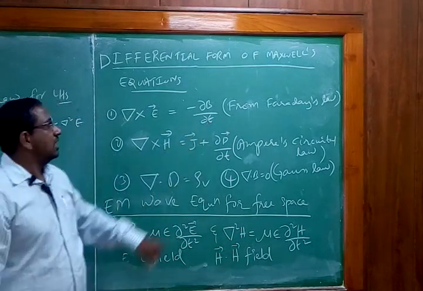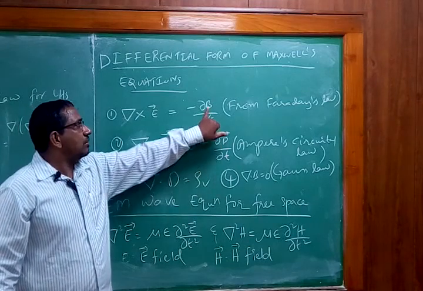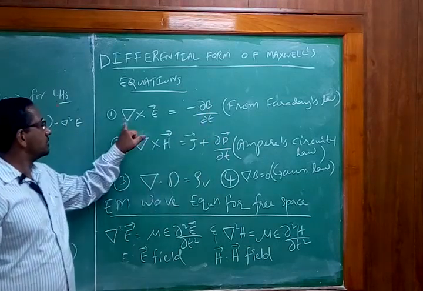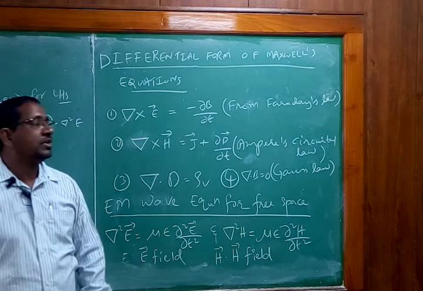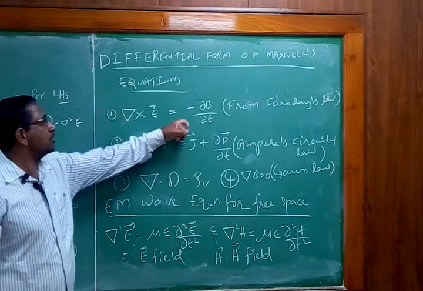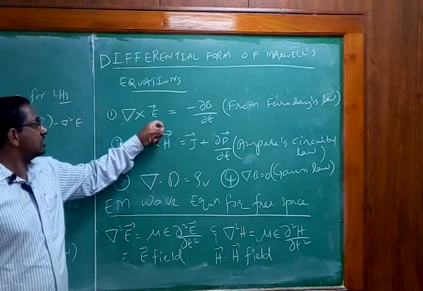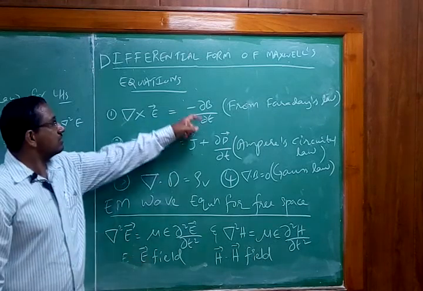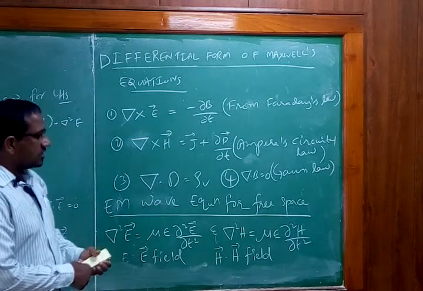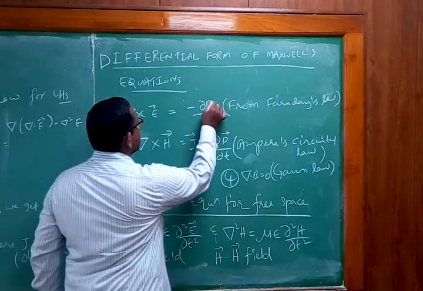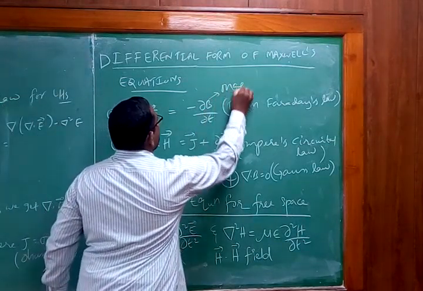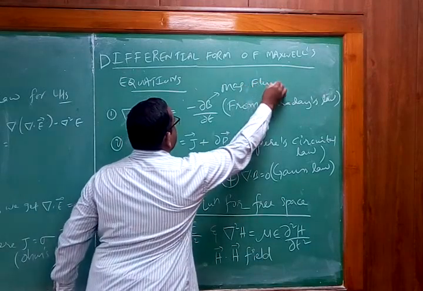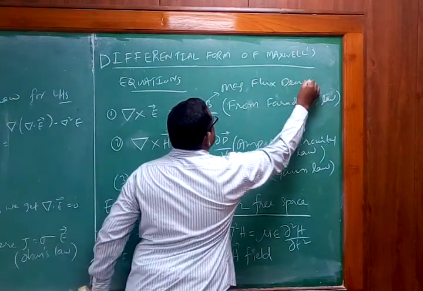That means by varying the time domain magnetic field, we get a spatial domain electric field, but the field is opposing in nature. It suggests that the rate of change of the magnetic field produces an electric field. What is B? B is known as the magnetic flux density.